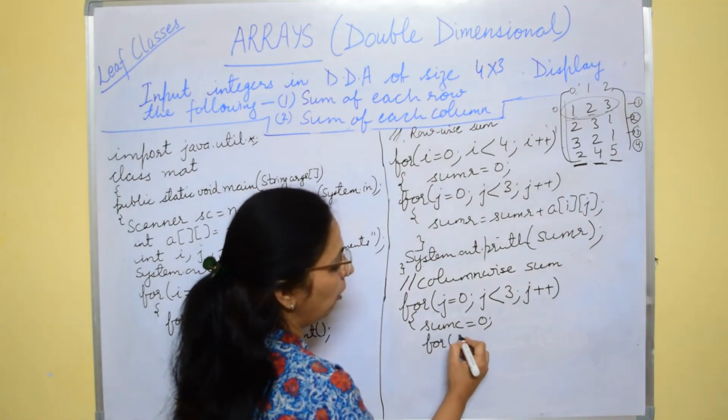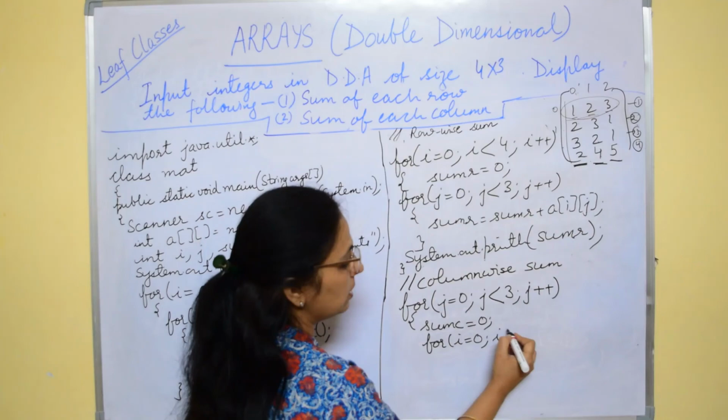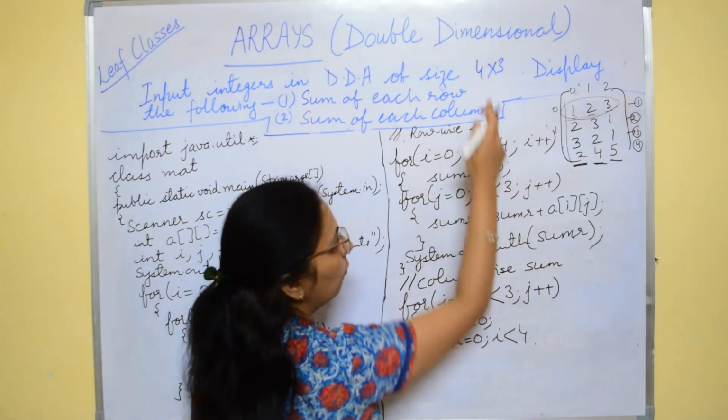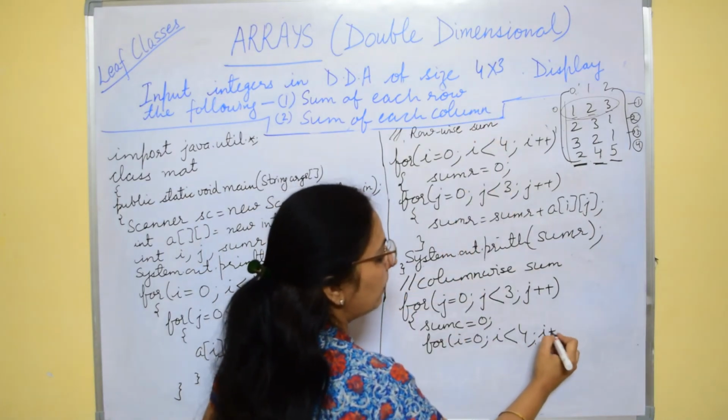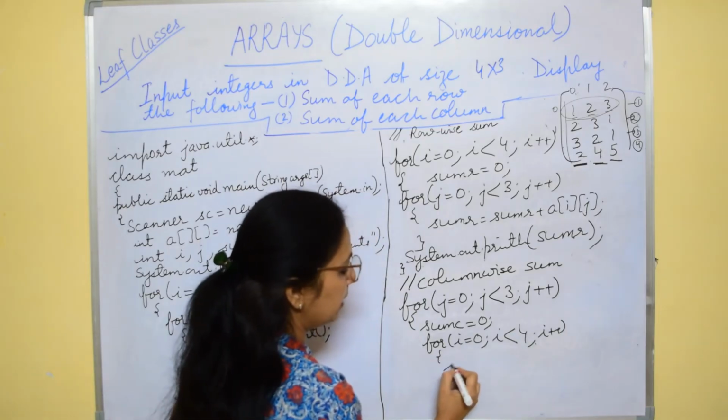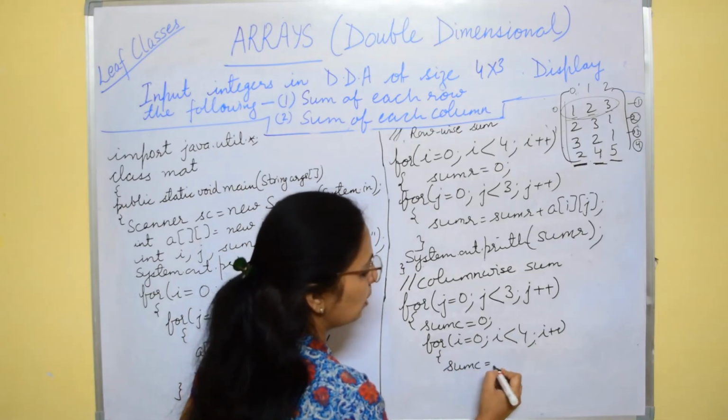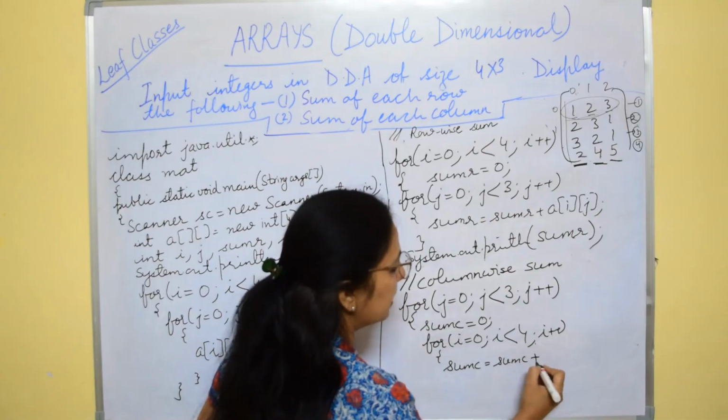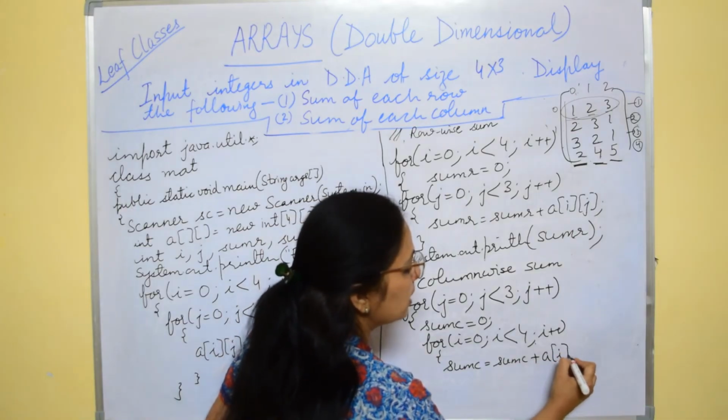Inner loop will be for rows, that will go from 0 till less than 4, as 4 rows are there, i plus plus, and you will be calculating sum c equals to sum c plus a[i][j].